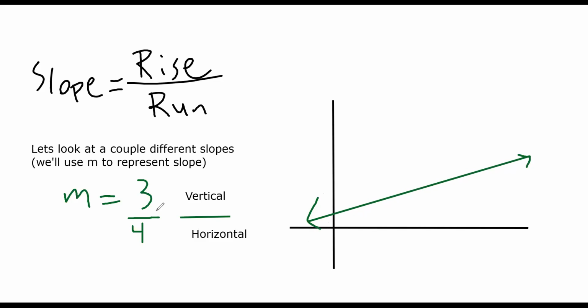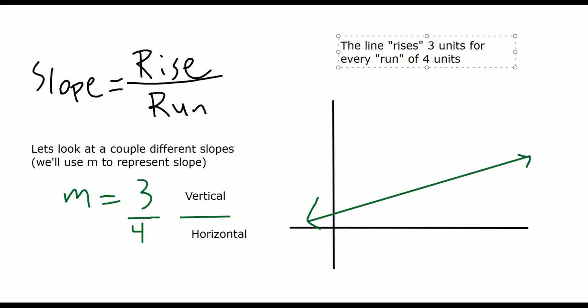But the interpretation is going to be the same. The number on bottom is my run. It's a positive number, so it's going to be always rising. So the line rises 3 units for every run of 4 units. Every time I go to the right 4 units, the line is going to go up 3 units.